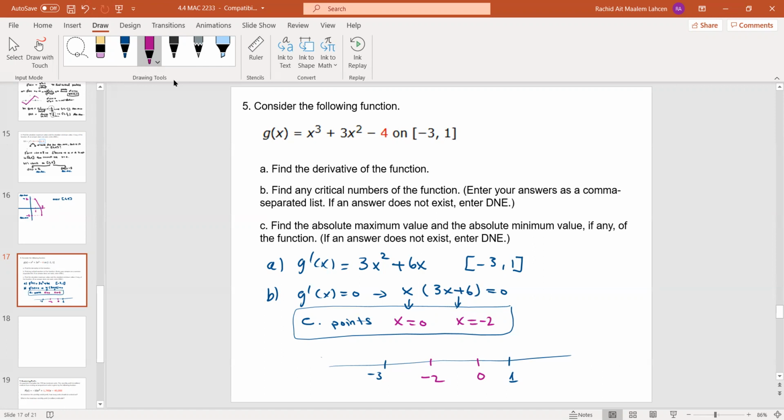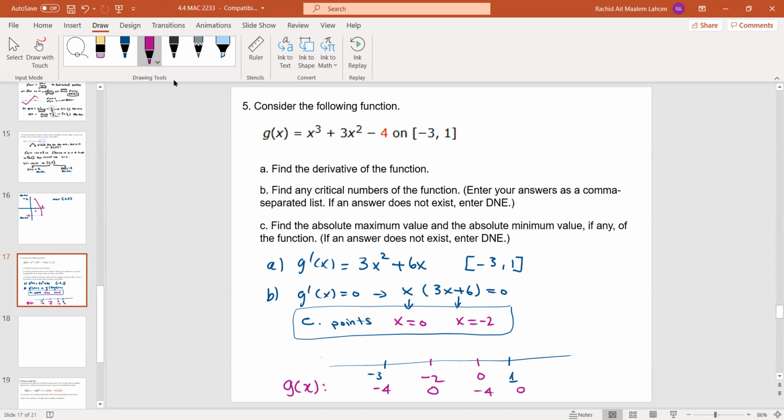So now we just find f of x for each one. The highest will be the absolute maximum. The lowest will be the absolute minimum, and I think if you try it for -3, you get -4, and for f of -2, you get 0, and for 0 you get -4.